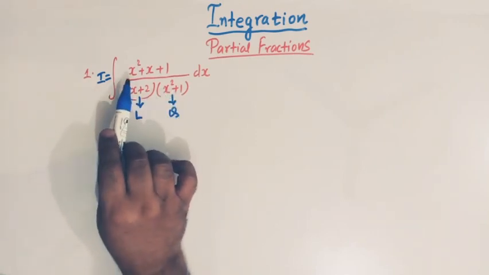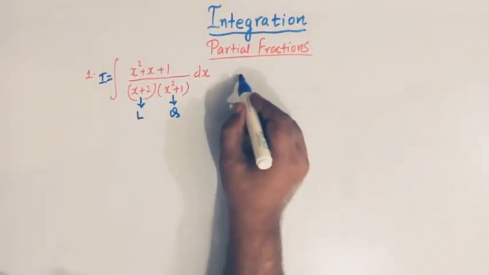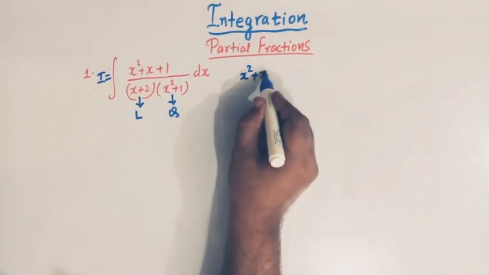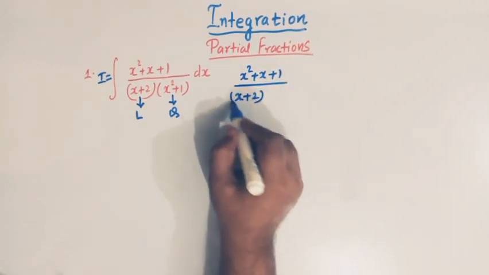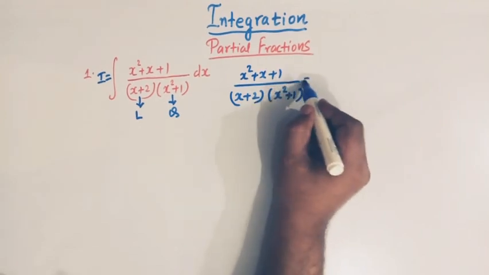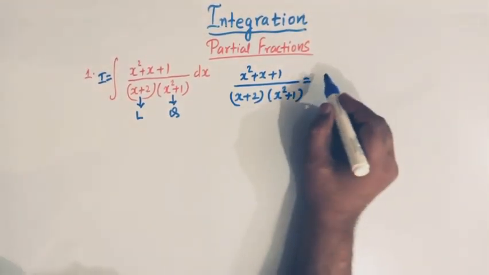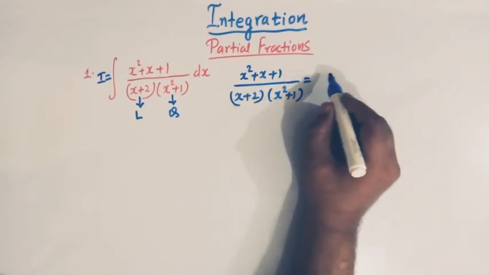So what we will do here, x square plus x plus 1 divided by x plus 2 times x square plus 1 can now be written as a sum of two fractions.